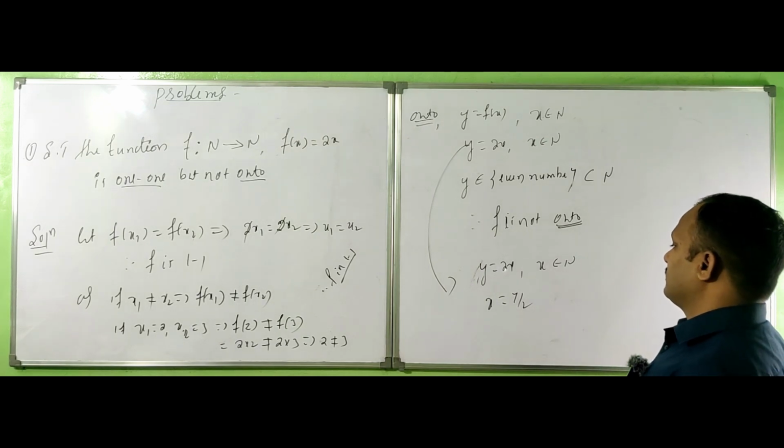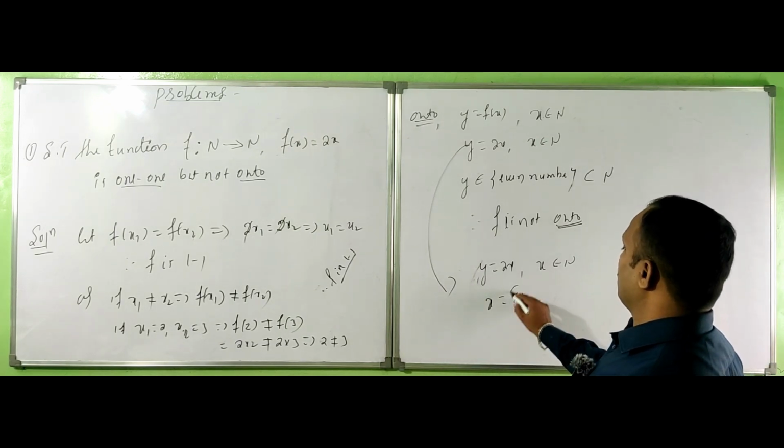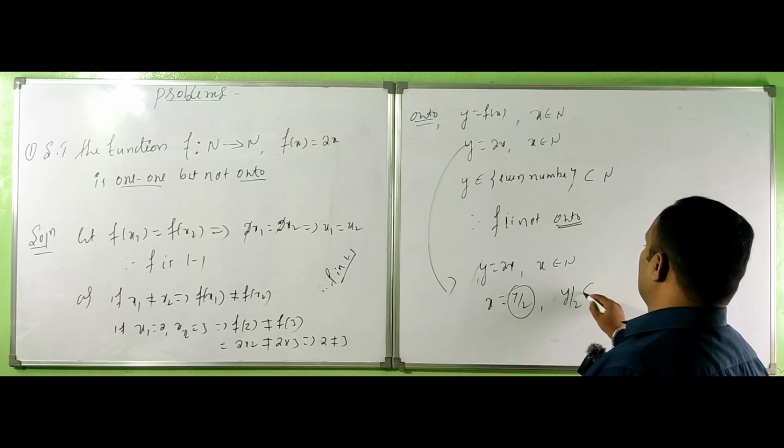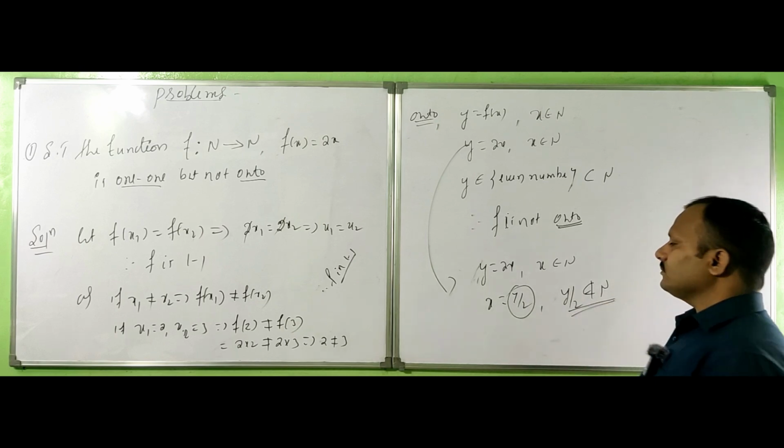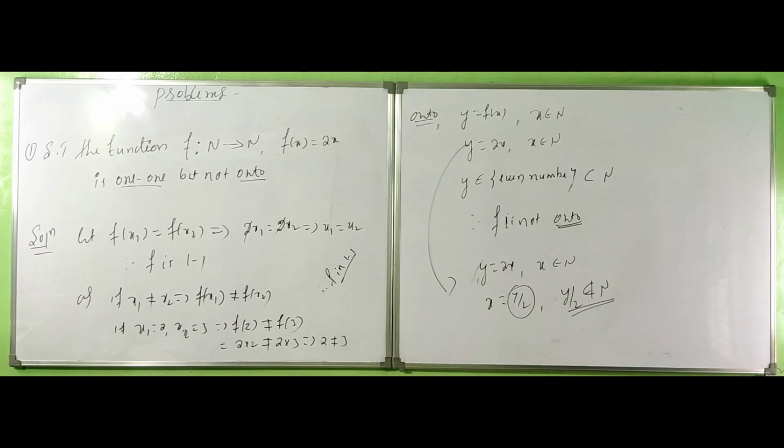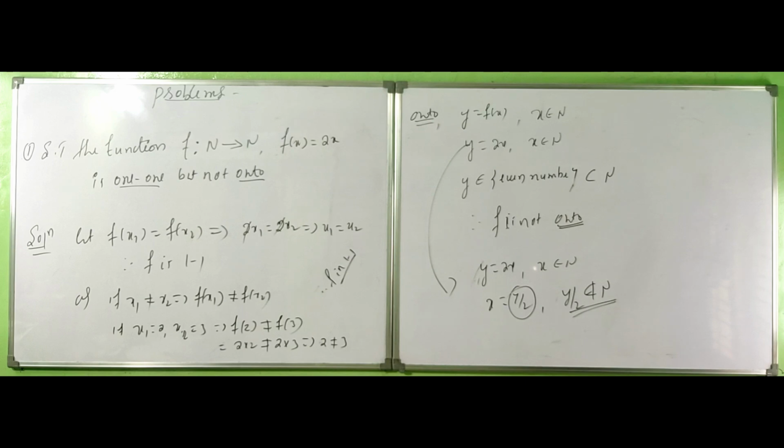This y by 2 does not belong to N. Or we do not have an image where you get the value y by 2, because the function is defined from the codomain. Therefore f is not onto, right?